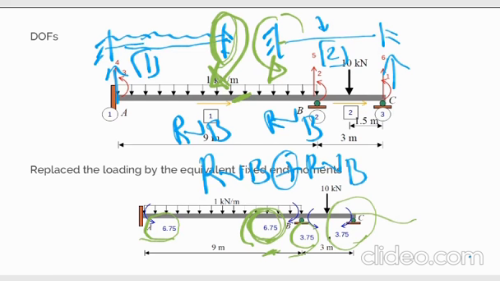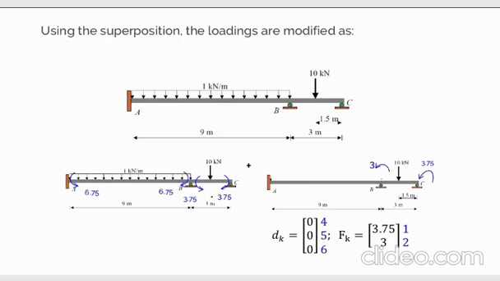Then find the known forces. The known forces, we get from moments, number 1 and also number 3, as you see here, the moment at number 1 and moment number 2.